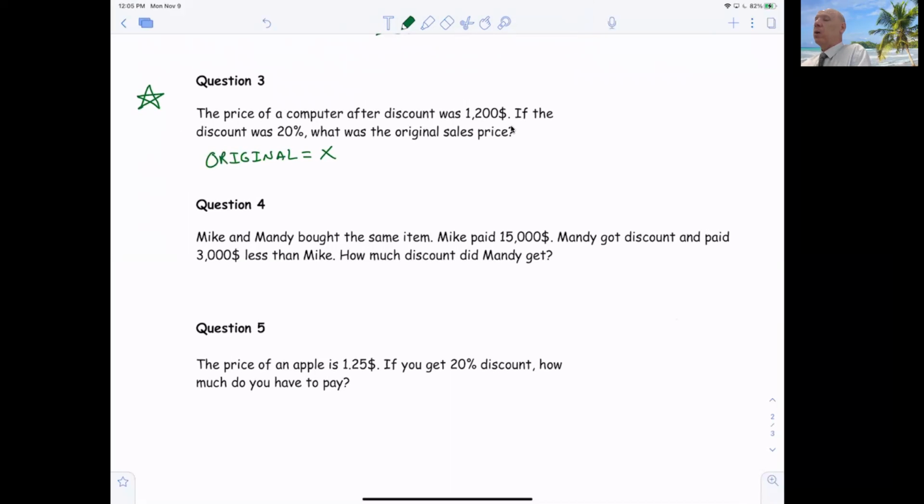Now, what percent discount did we get? So that means we only had to pay what? Right. So the original cost times, what do I multiply by? What decimal? No. What do I multiply by if I get a 20% discount?